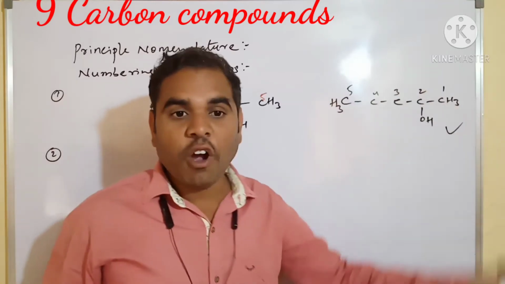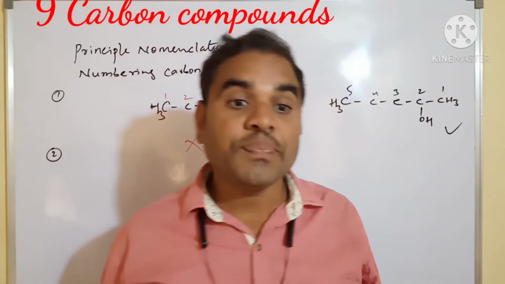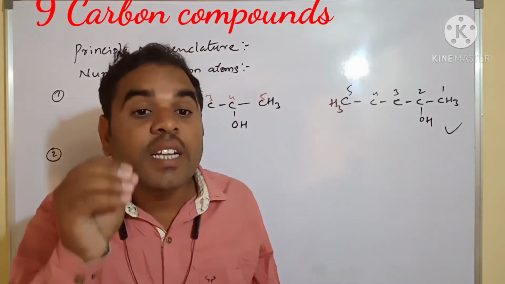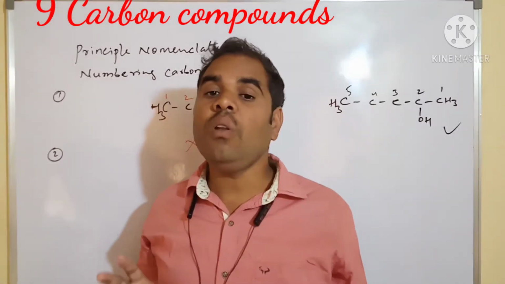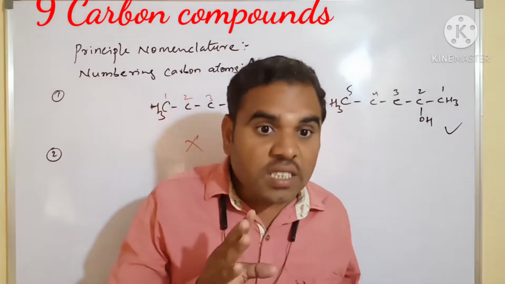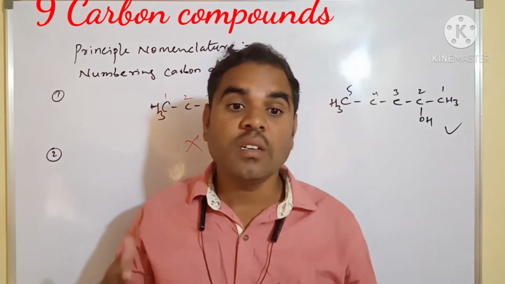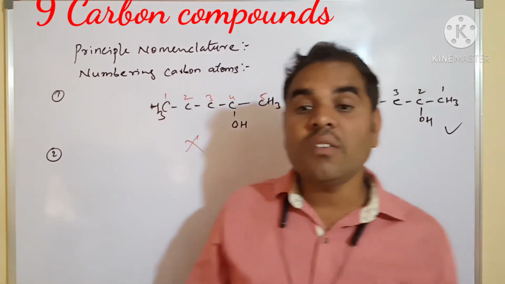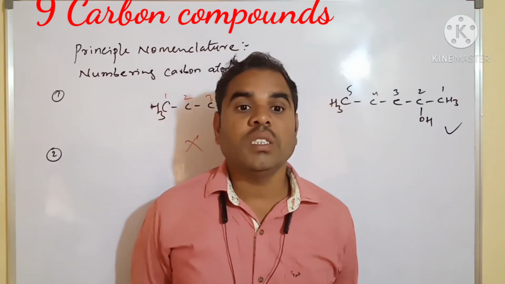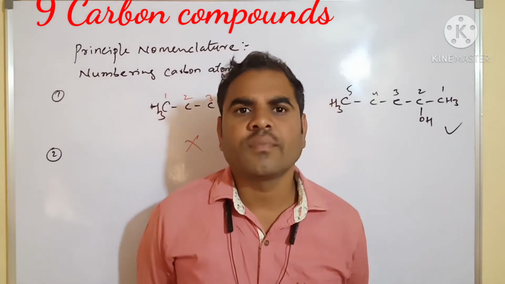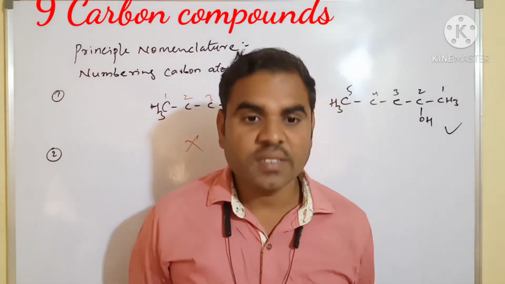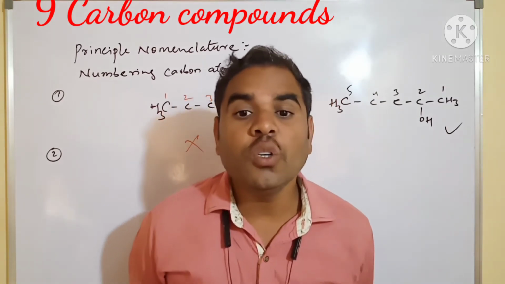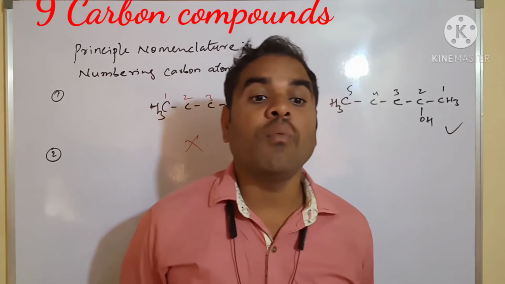We have to give the first number there. Even if it does not obey rule 1, the carbon atom containing the terminal functional group such as aldehyde or carboxylic acid should always be given the number 1.